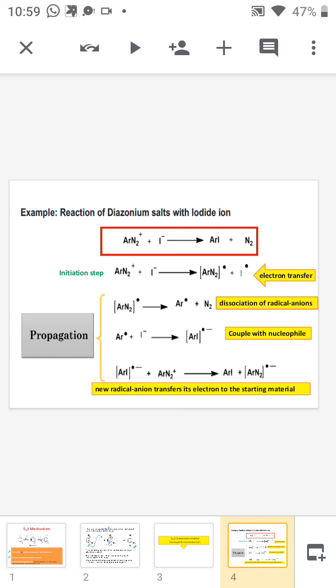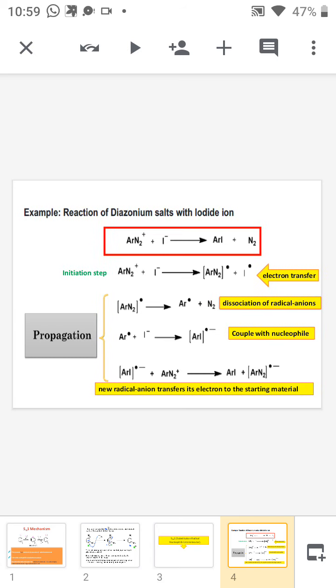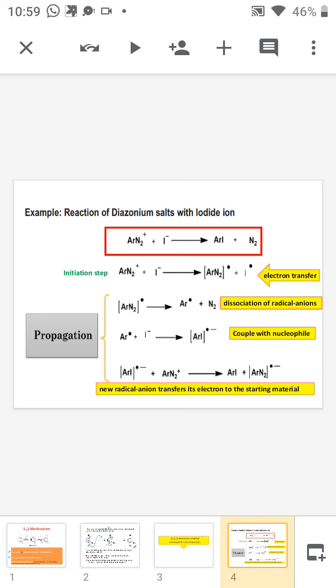See this example. Our starting material is ArN2+, a diazonium salt. It reacts with iodide ion, and the overall reaction gives ArI plus N2. Then what is the mechanism? First of all, the diazonium salt reacts with iodide ion to form a radical.